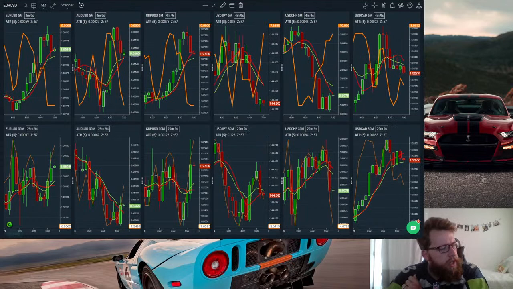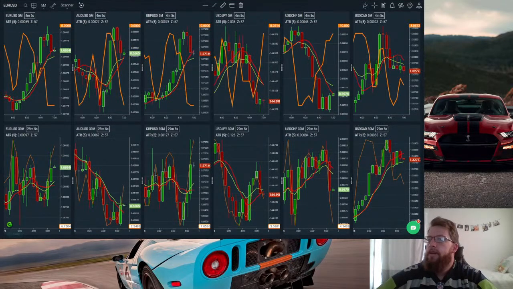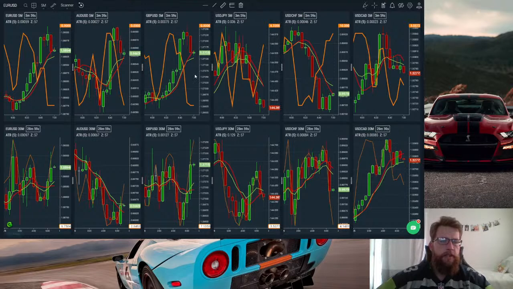But yeah, I'll tell you what we're looking for as we find them. The first thing we're looking for is the pressure indicator, which is the green and red lines here that we see on every chart that I have.